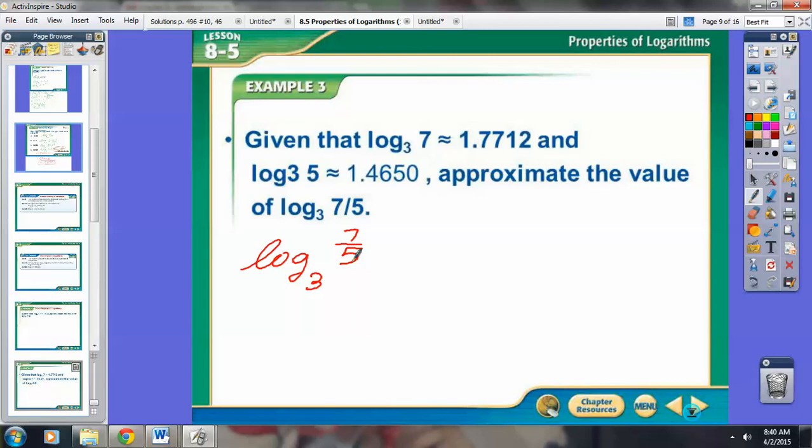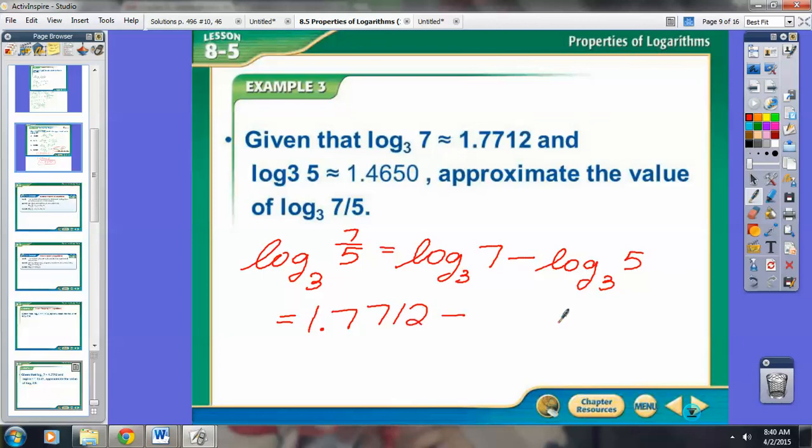So let's write it in expanded form using division. If we're dividing our arguments, what do we do with our logarithms? Subtract them. And of course, it's always top minus bottom. So log base 3 of 7 is approximately 1.7712, and log base 3 of 5 is approximately 1.4650.